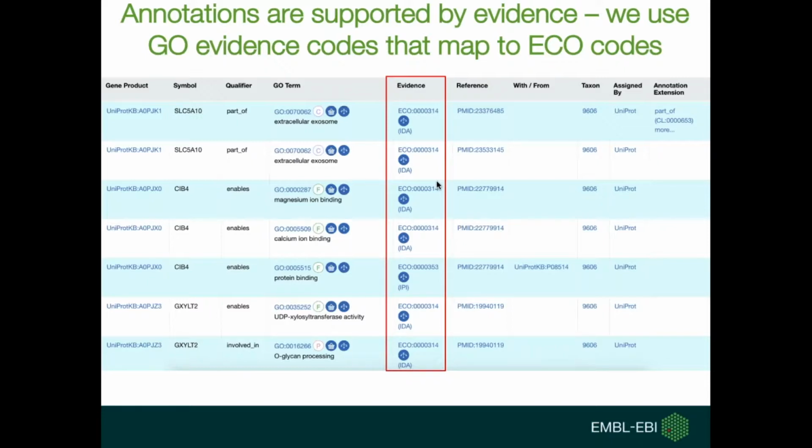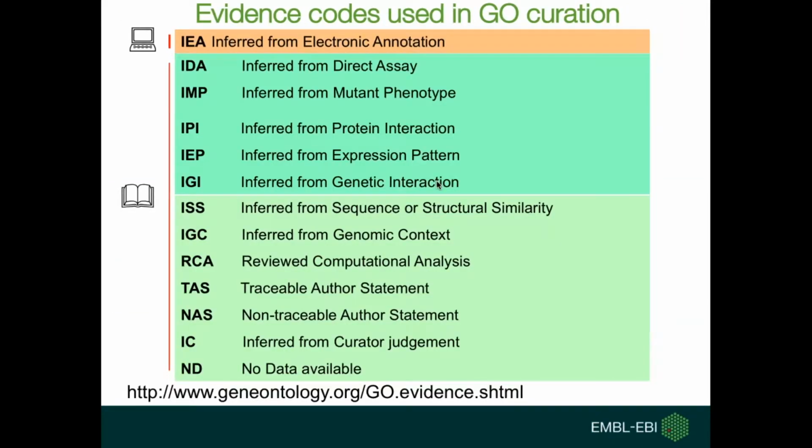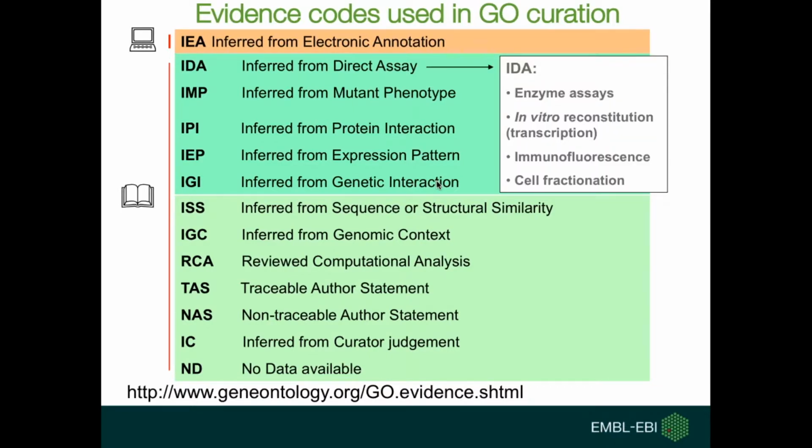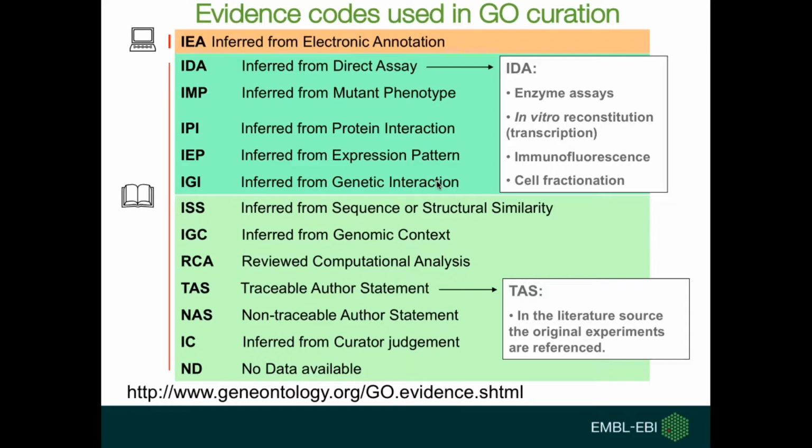To give you an idea of the evidence codes that we have used historically and how they're going to be mapping to ECO, these are the evidence codes that we used to use in GO curation. They all map up to ECO terms. So we have things like inferred from direct assay, inferred from mutant phenotype, inferred from protein interaction. These are all ones that we commonly use. And the ones below, like ISS, TAS, NAS, these were not commonly used. To give you an idea of what an IDA, or inferred from direct assay, is, we consider these enzyme assays, in vitro reconstitution, immunofluorescence, cell fractionation, and some of the ones that we don't commonly use, like traceable author statement.